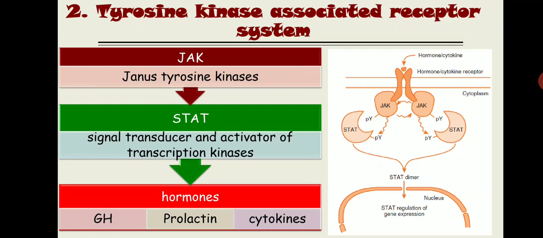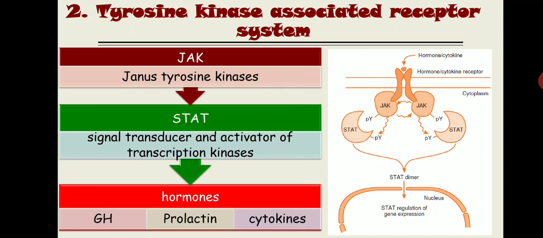That single pass receptor is again two types, tyrosine kinase receptor and tyrosine kinase associated receptor, and third one is G protein coupled receptor. In this G protein coupled receptor we learned the GS system, GI system, GQ system and cyclic GMP system.